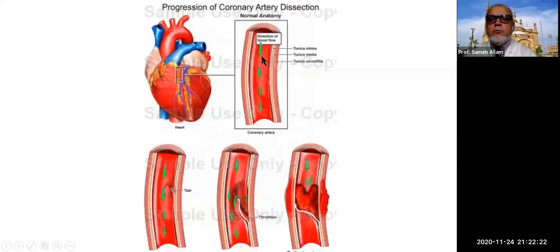So the true lumen is here. Once dissection occurs in this area, the blood flows in the true lumen, and behind the intimal tear, it causes a false lumen here. The false lumen will fill with blood and form a hematoma, and the hematoma will totally occlude the artery.